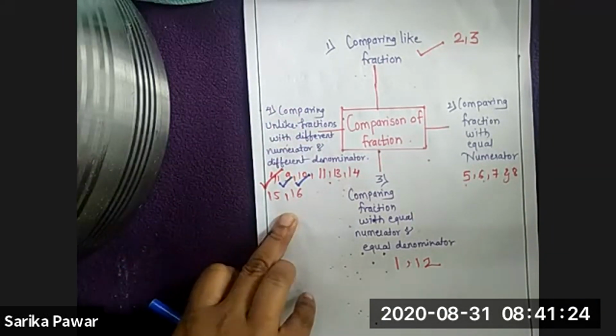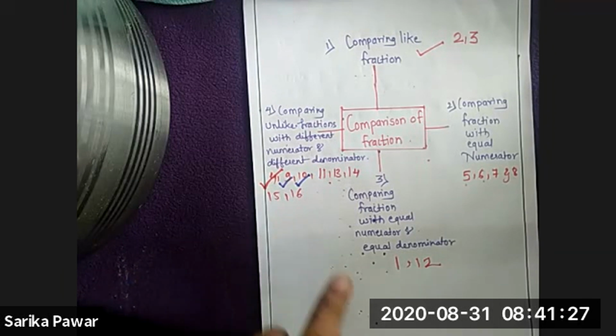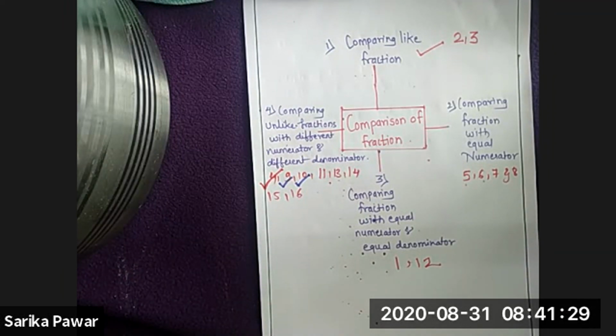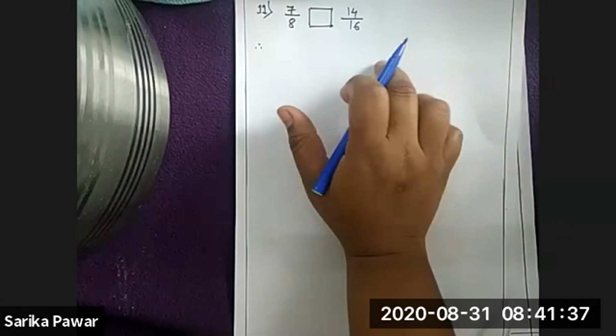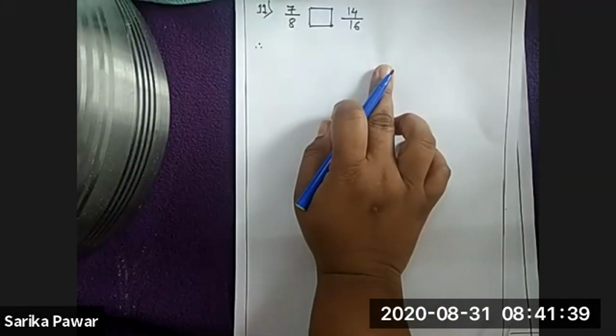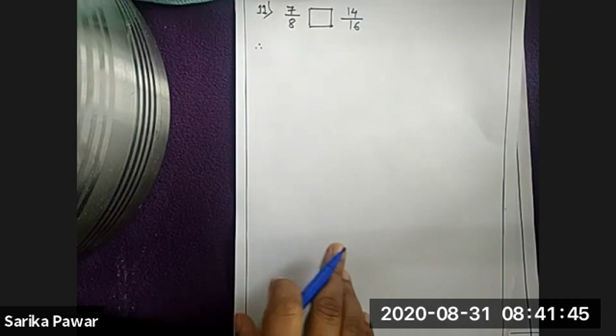So now let's solve the next example, that is 11. Let's have a look at problem set 19. Example number 11 is 7 upon 8 and 14 upon 16, isn't it? Yes, Miss. Now what do you have to do? You will go stepwise.